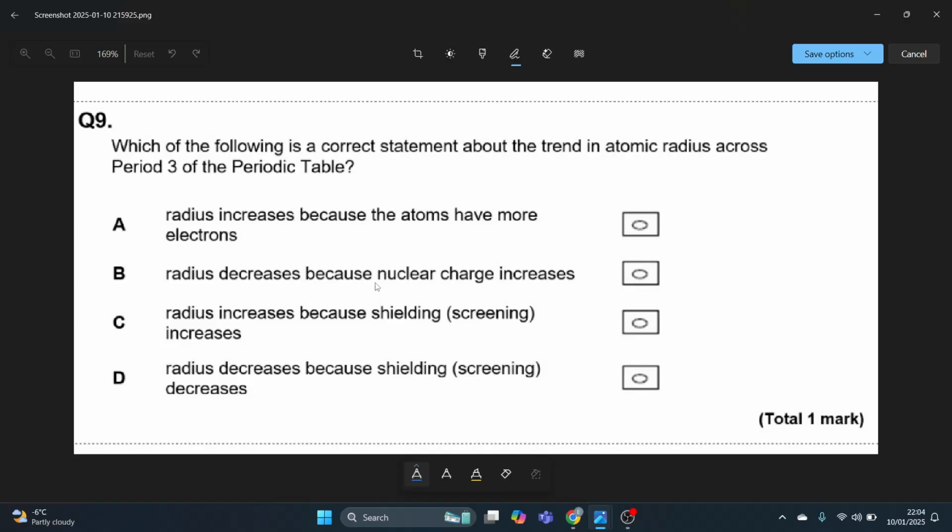B. Radius decreases because nuclear charge increases. C. Radius increases because shielding increases. D. Radius decreases because shielding decreases.